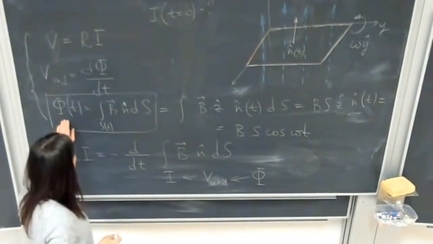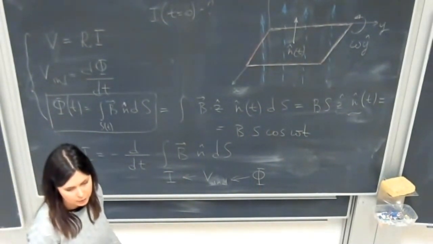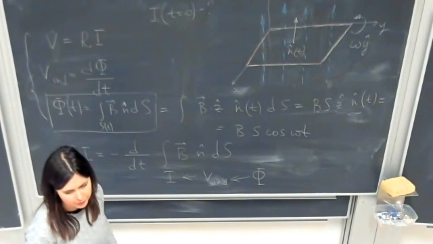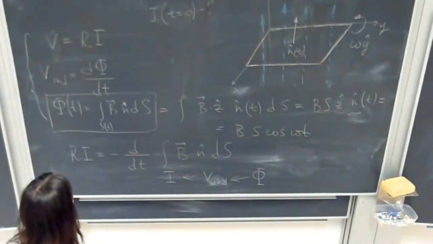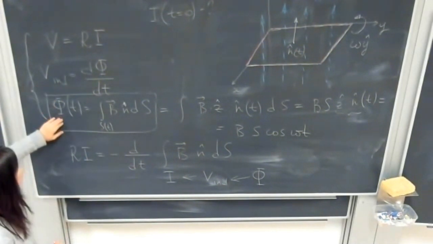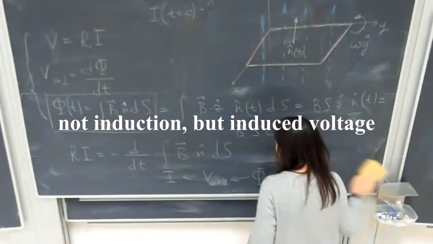For the flux, then next we can find the magnetic flux. From the magnetic flux, we can find the induction, the voltage in the circuit.